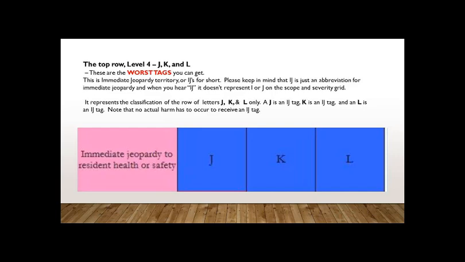J, K, and L are the tags you don't want to see, especially if it's also tagged as an IJ. A lot of times you just hear it's an IJ and you don't even know if it's a J, K, or L. It's classified as immediate jeopardy. This is bad. So, once again, I hope none of you go to that level because it's just very scary.